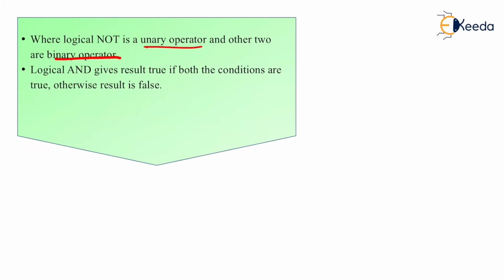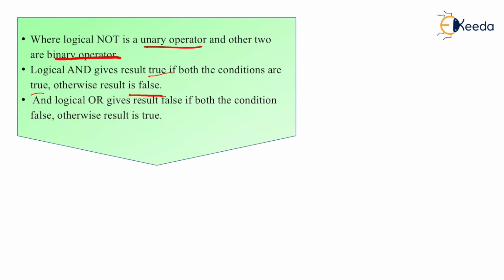Logical AND gives the result true if both the conditions are true. Otherwise, the result will be false. And logical OR will give you the result false if both the conditions are false. Otherwise, the result will be true.